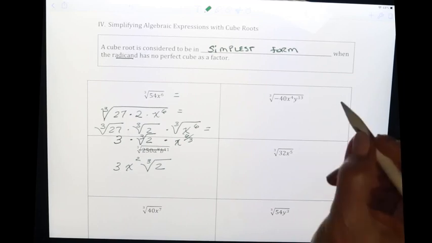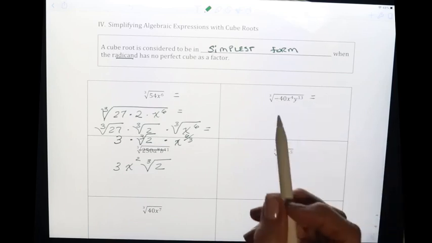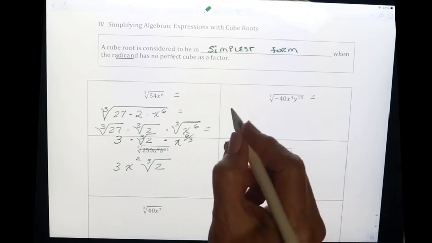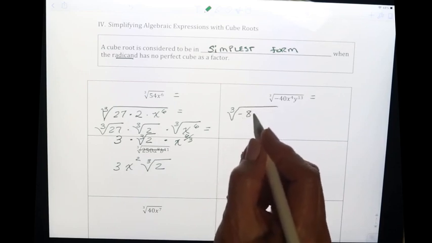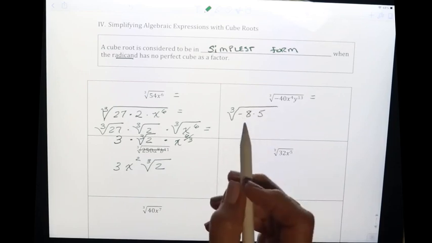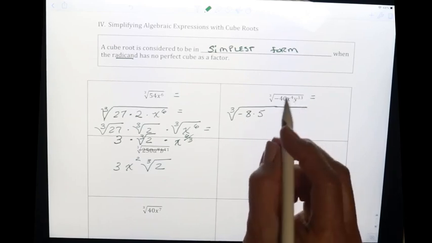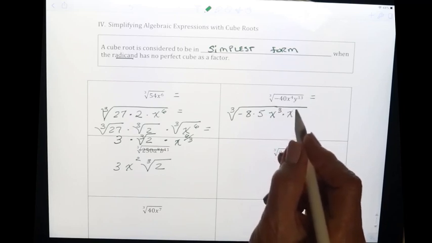So only one more of these to show you. I wanted to show you one where we've got a negative, because we can take cube roots of negatives. So I'm thinking about 40, how I want to split that up, and I'm thinking negative 8 times 5, and I chose 8 because it's a perfect cube. And then this is an x to the 4th, so I'm going to split it into an x cubed and x to the 1st.